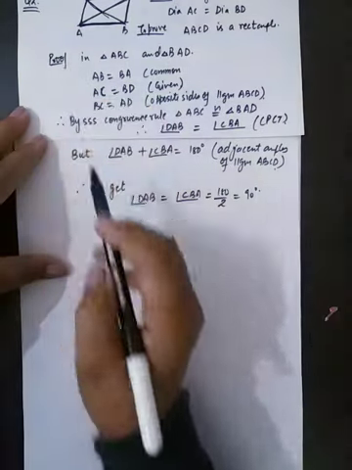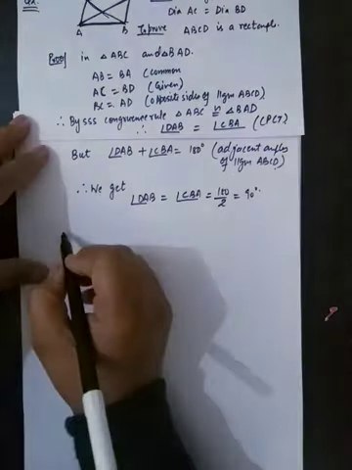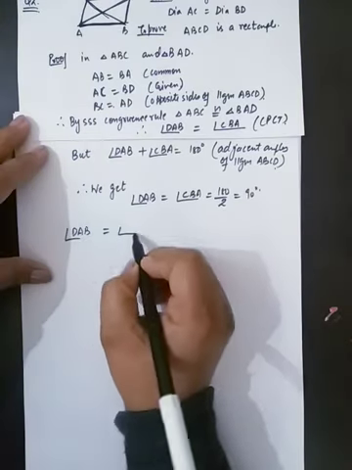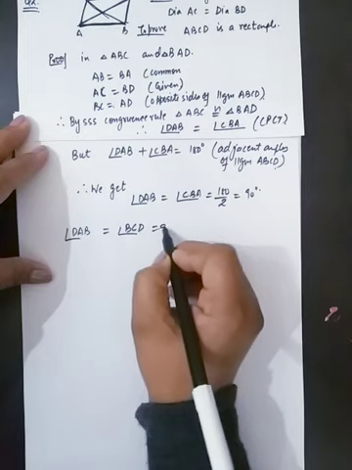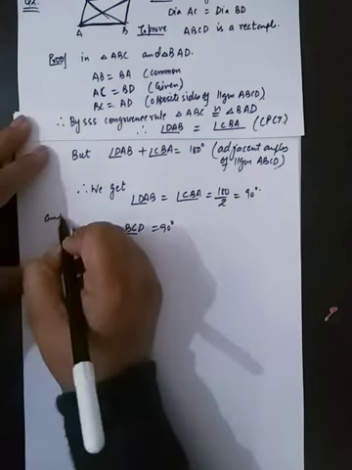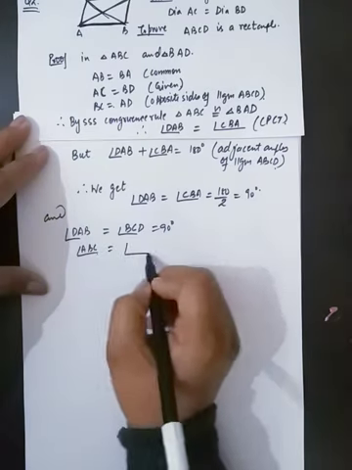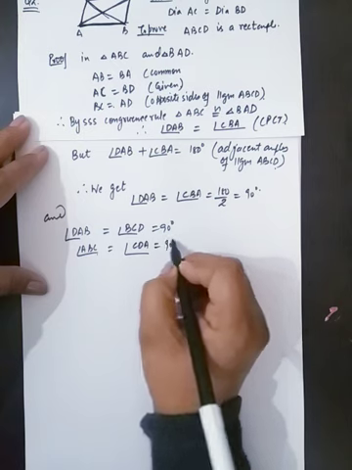Now we are having that two angles of parallelogram ABCD are of 90 degree, and angle DAB is equal to angle BCD. So this is also of 90 degree, and angle ABC is equal to angle CDA. This is also of 90.